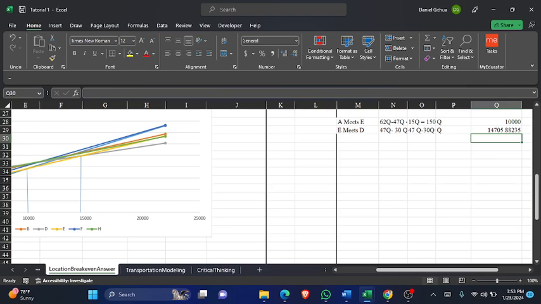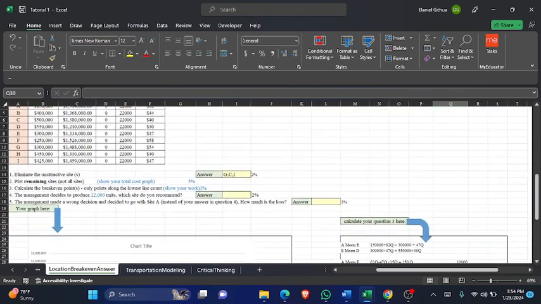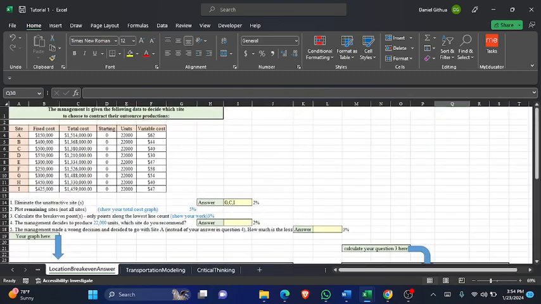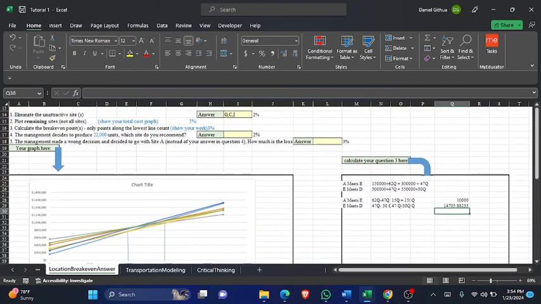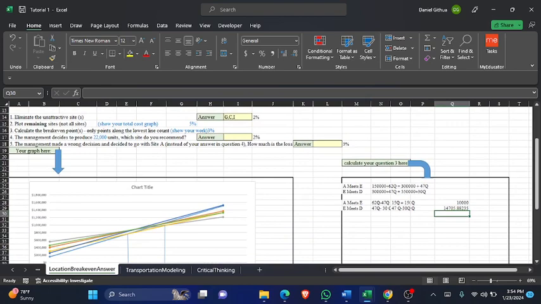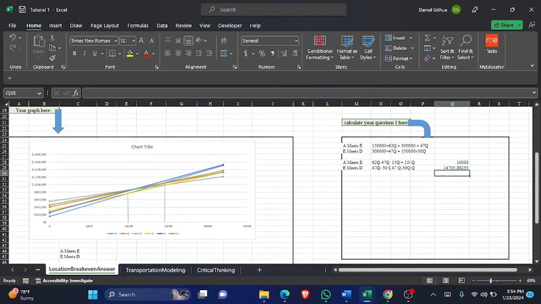Now the next part, we have to make a decision. You can see the fourth question. Before we tackle the fourth question, we have to create a decision depending on these ones.